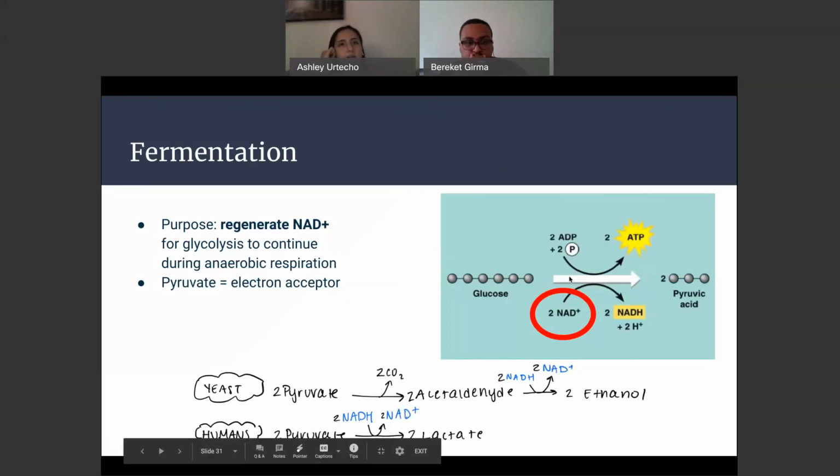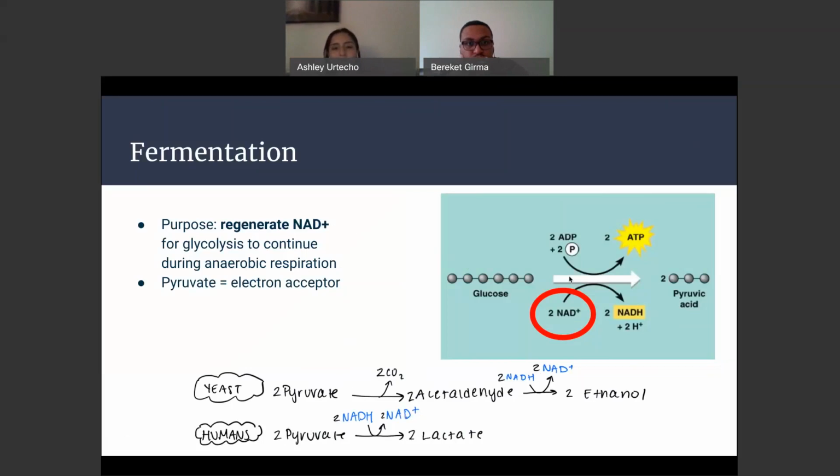Like I said before, I don't remember what step number this was, but the step involving dehydrogenase. Remember how I said that glycolysis cannot continue unless you have that NAD+ to accept that hydrogen? So in order for glycolysis to continue, we're going to have to regenerate NAD+, and that's where fermentation comes in handy.